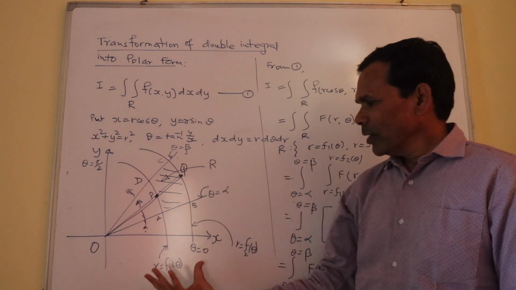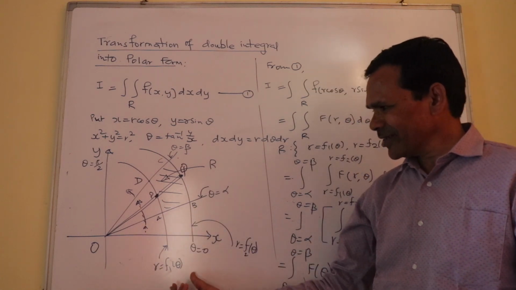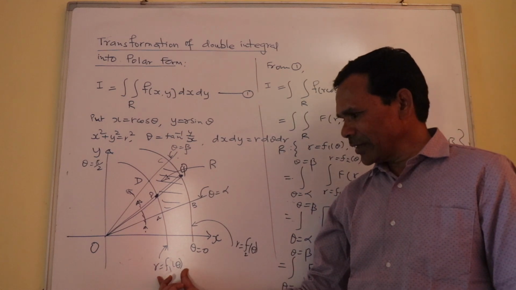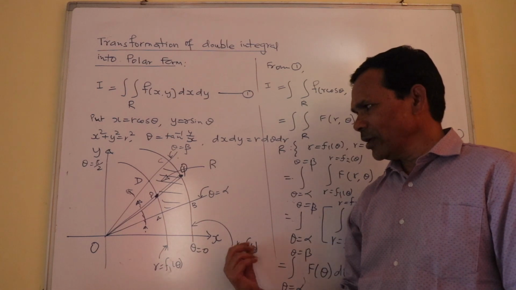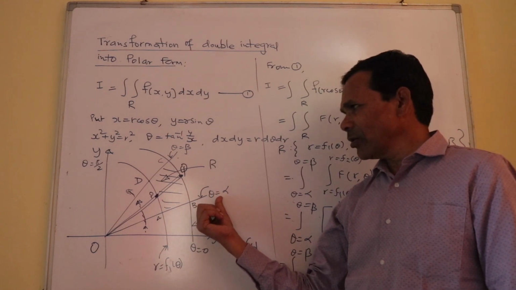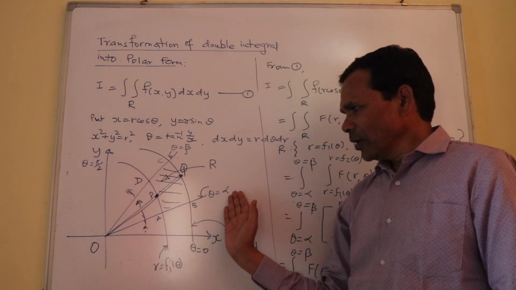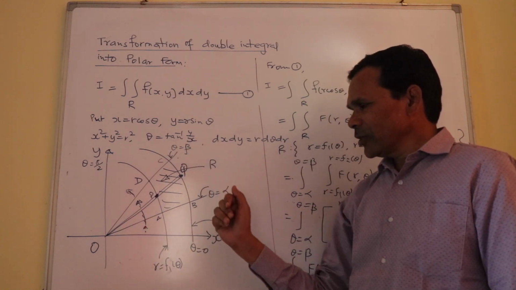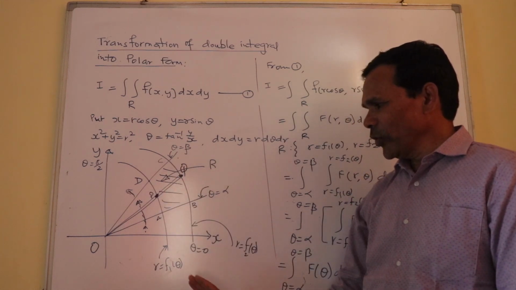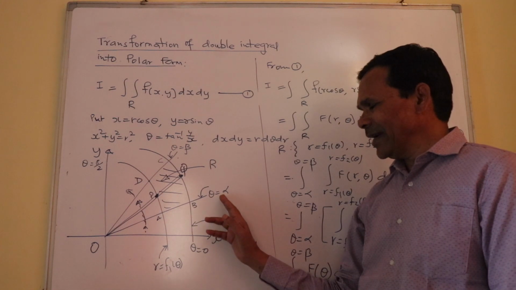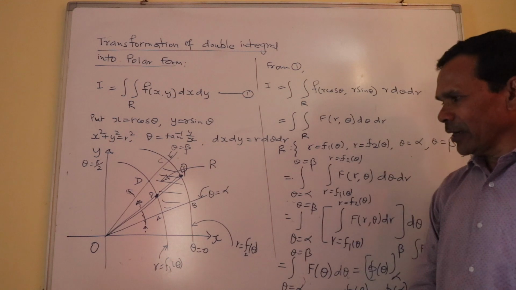For this region also, it is bounded by two curves, r is equal to f1 theta, r is equal to f2 theta, and the straight lines theta is equal to alpha, theta is equal to beta. ABCD is the region of integration, bounded by these two curves and these radial lines, theta is equal to alpha and theta is equal to beta.